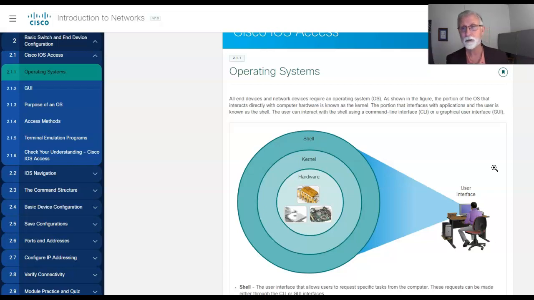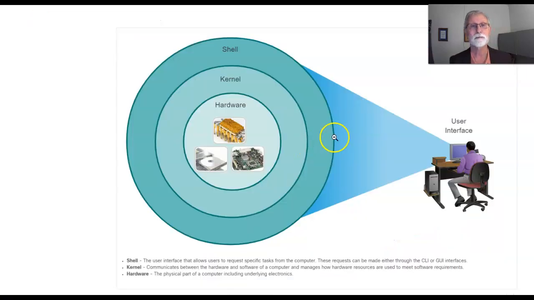It makes commands, either GUI or command line interfaces. The shell goes between you and the computer, and the kernel goes between the hardware and the software. If I click on the shell, I'll give you a bigger picture of that, to make it a little easier.